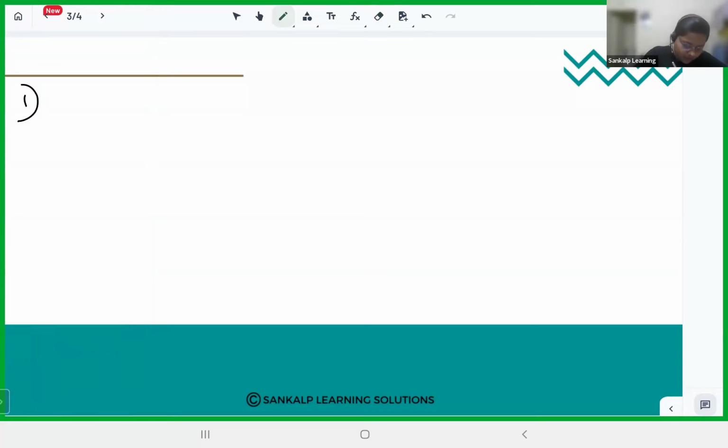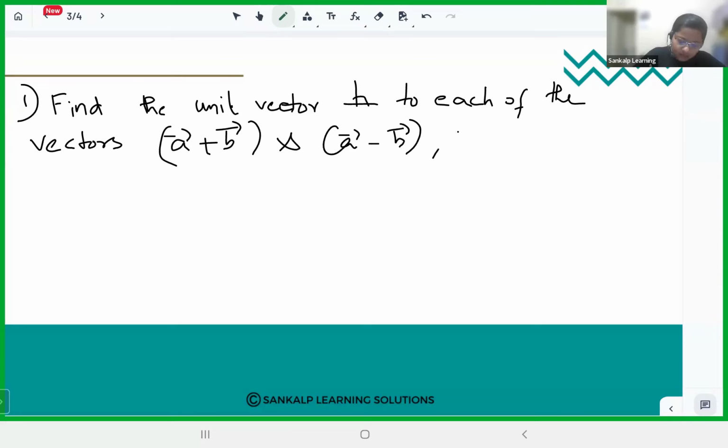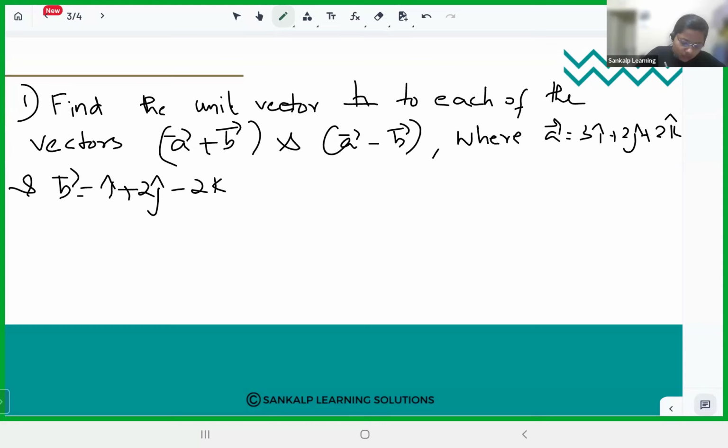So the first question is, find the unit vector perpendicular to each of the vectors vector A plus vector B and vector A minus vector B, where vector A equal to 3i plus 2j plus 2k and vector B equal to i plus 2j minus 2k.